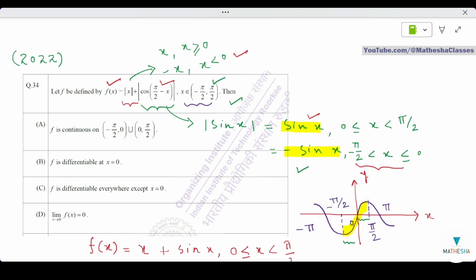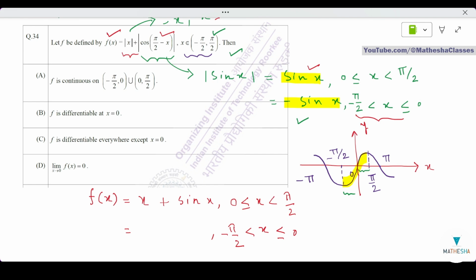Note that when x equals 0, this is true as well, minus 0 is 0, so we can include equality as well. So mod x will be minus x and mod of sin x will be minus sin x.